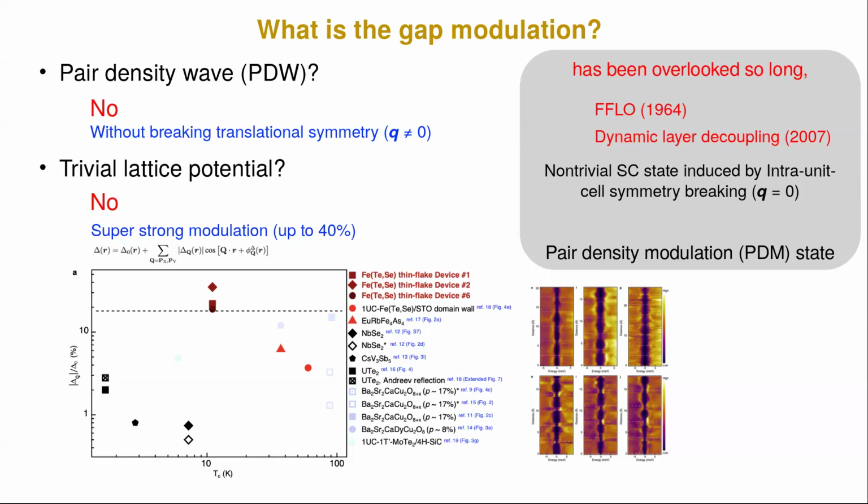On this graph, we plotted this variation of the gap as a function of Tc for various compounds, and you can see that in these flakes, this variation can be exceptionally high. And this doesn't fit into the conventional pair density wave state either, because in a pair density wave you expect some periodicity on a length scale of a couple of unit cells, or it can be incommensurate with the unit cell.